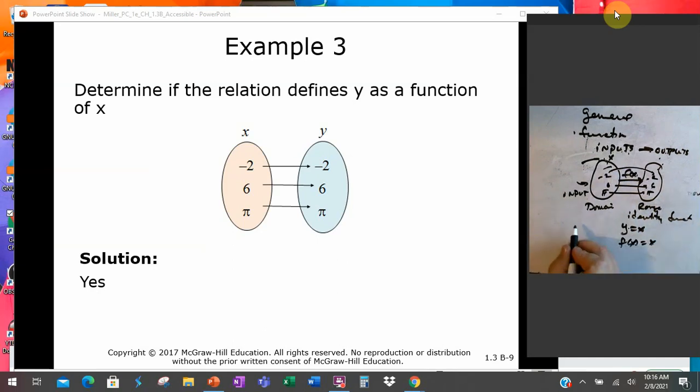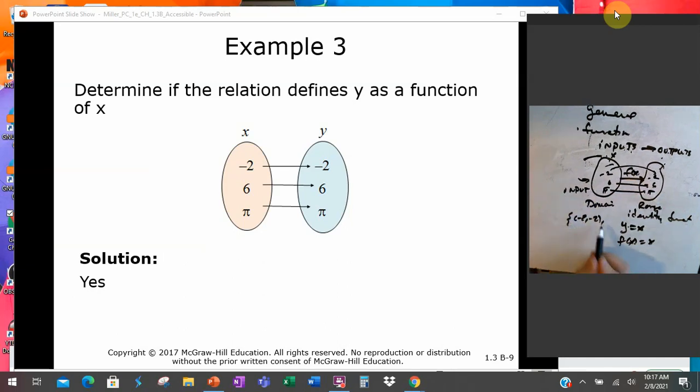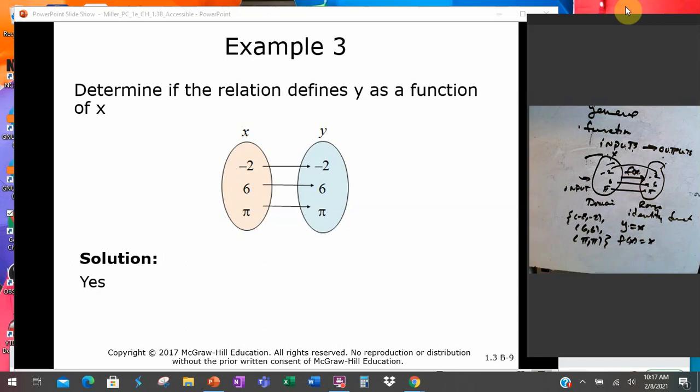So this thing would be listed as these particular ones, negative 2, negative 2, 6 to 6, and then pi goes to pi, okay? So that's our set notation from this, and it's certainly a good function because each one only goes to one output as far as what they can give me, so that is a good function. Relationship, yes, relationship is that big thing.